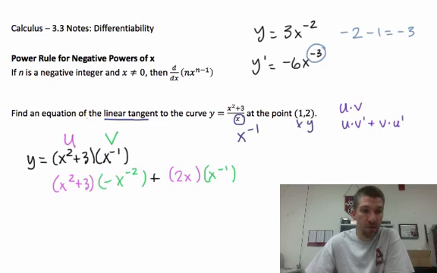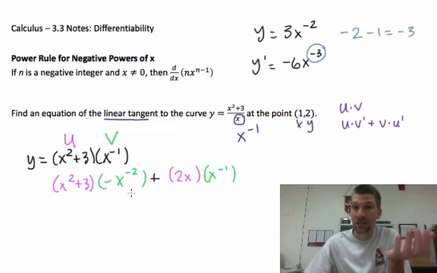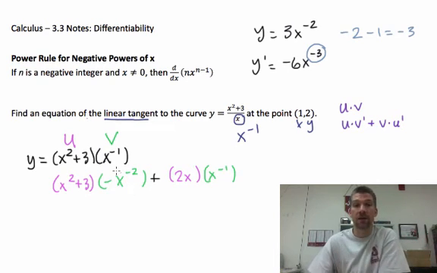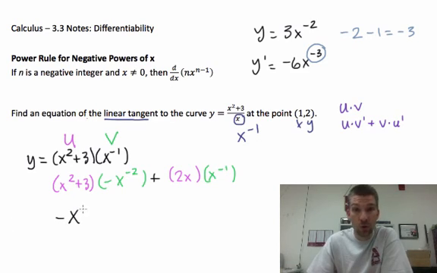So when I simplify this all out, all I have to do is go through and multiply things together. And remember, if the bases are the same, in this case they're all x's, I can add the exponents together and that will give me my final answer. So negative x to the -2 times x squared, if you multiply those together, that's going to be negative x to the 0, because -2 plus 2 is 0.